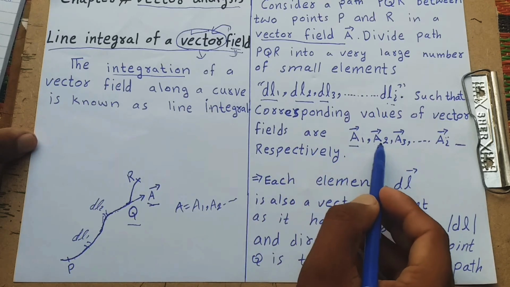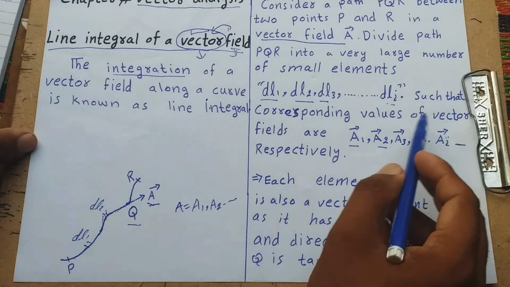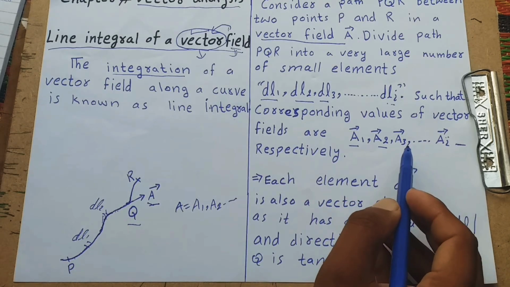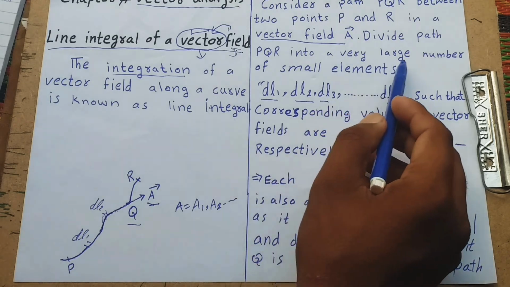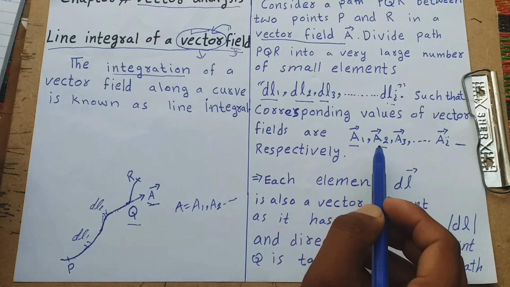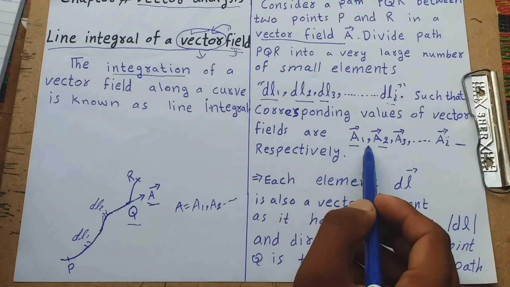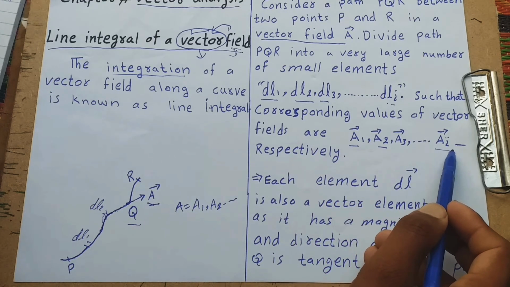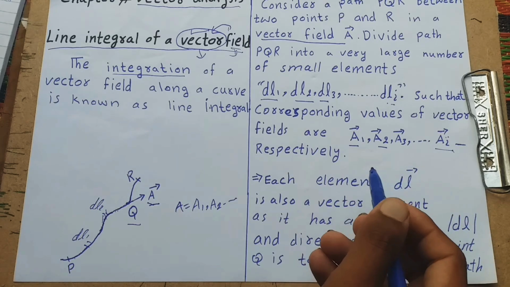Such that the corresponding values of the vector field are a1, a2, a3, and ai, and so on, infinitely many.